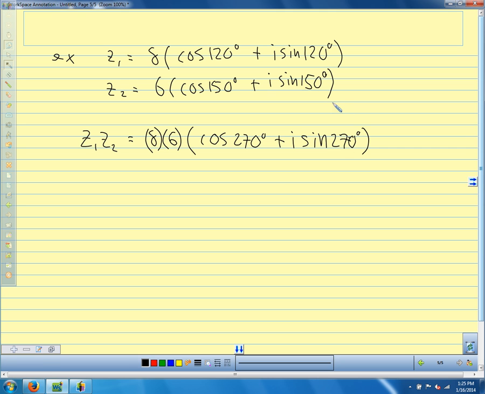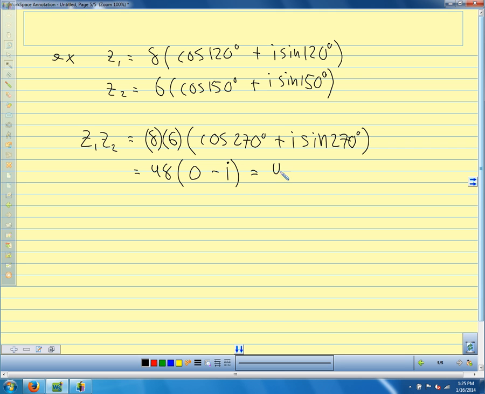And if we want to write this in a plus bi form, this is going to be 48 times the cosine of 270, which is 0, and the sine of 270, negative 1, minus i.